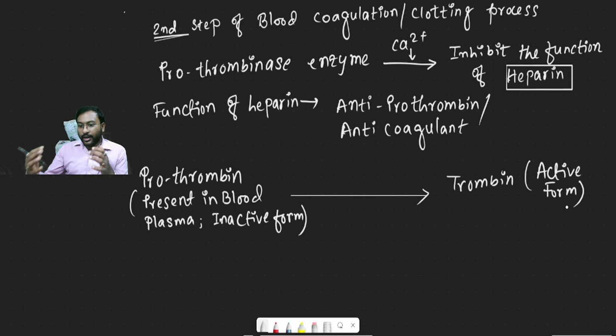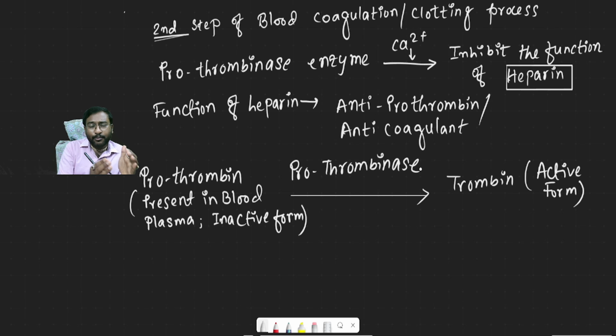This conversion process is catalyzed, or boosted up, by a well-known enzyme known as prothrombinase, the end product of the first step of blood coagulation.